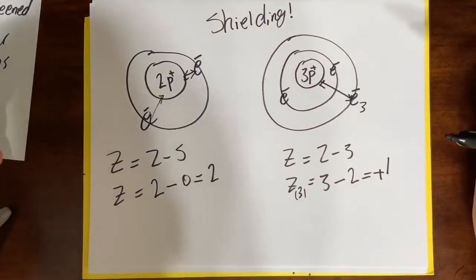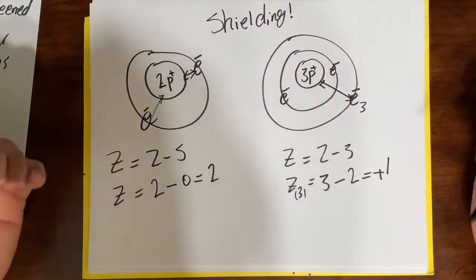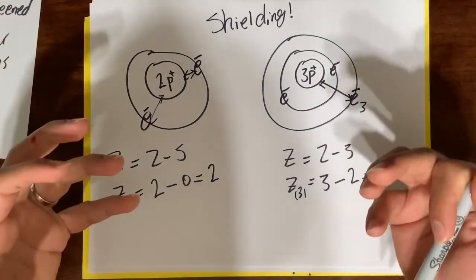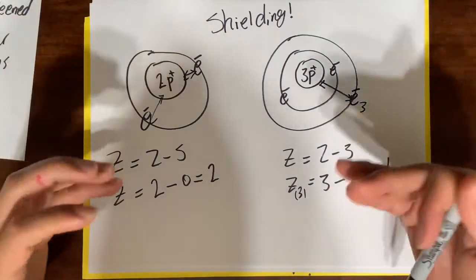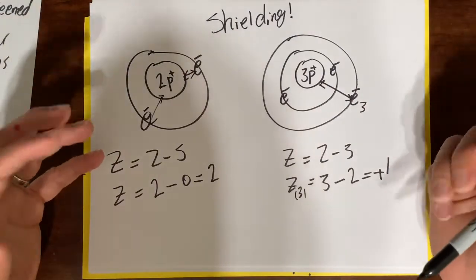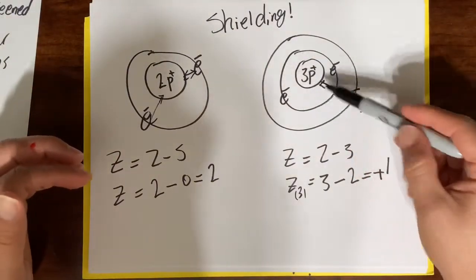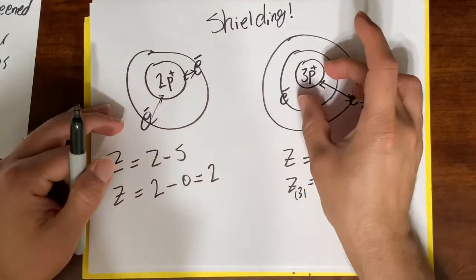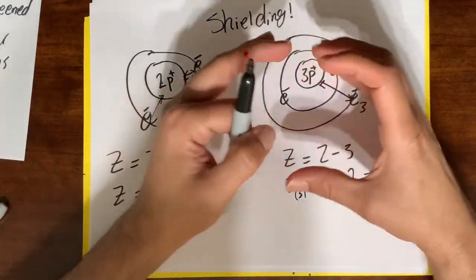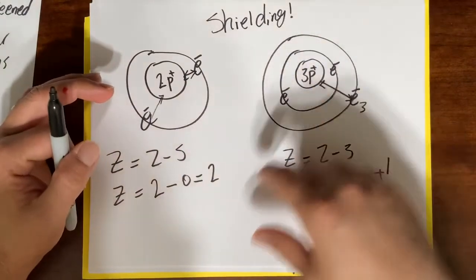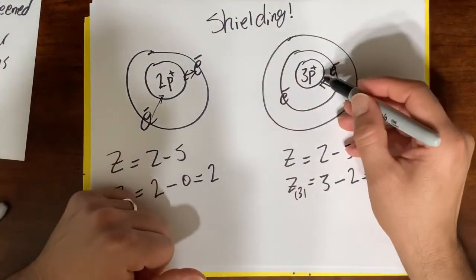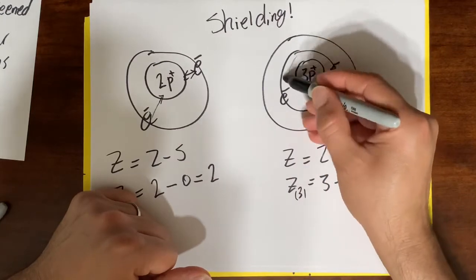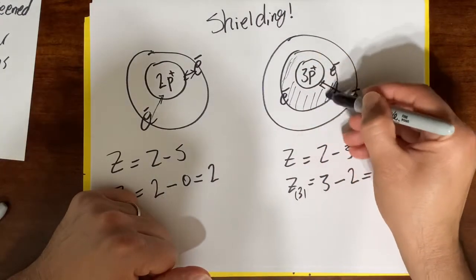So the more protons you have, the higher the attraction force you apply, the size is going to be smaller, and you will have repulsion between electrons. That's true. Now, when it comes to shielding, the more inner electrons you have, the higher the shielding effect you can apply. So the nucleus will be covered by inner electrons. Imagine the nucleus is covered by a cloud of these 2 electrons.